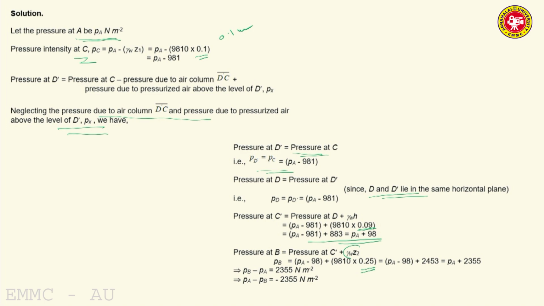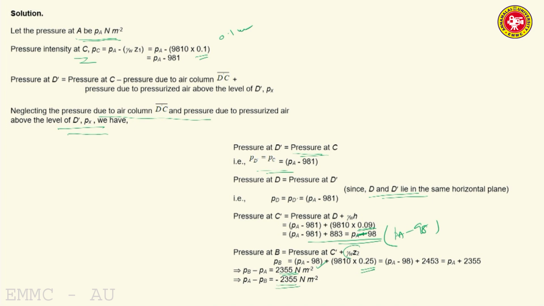So, pressure at C is PA minus 98 plus this much. Please change this positive sign, this is PA minus 98, that is pressure at C. So, you get ultimately PB minus PA is 2355 Newton per meter square, that is PA minus PB is equal to minus 2355 Newton per meter square.